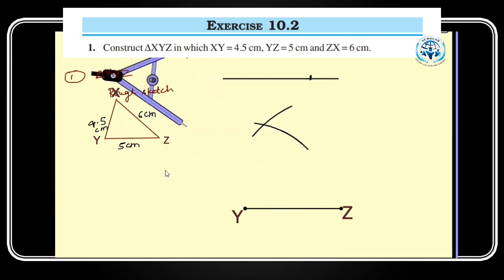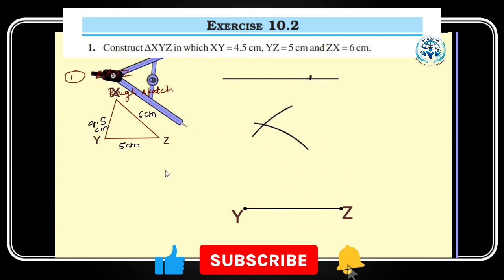Now this is X. We will join XY and XZ to get the triangle XYZ.